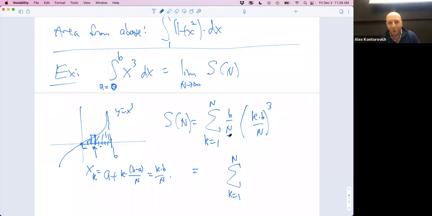Okay. B over n. Then there's a b cubed over n cubed. So what is that? B to the 4th over n to the 4th. So I get a b to the 4th over n to the 4th out front. And then I have a sum. All that's left over is k cubed. If only we had a formula for the sum of the first n cubes.